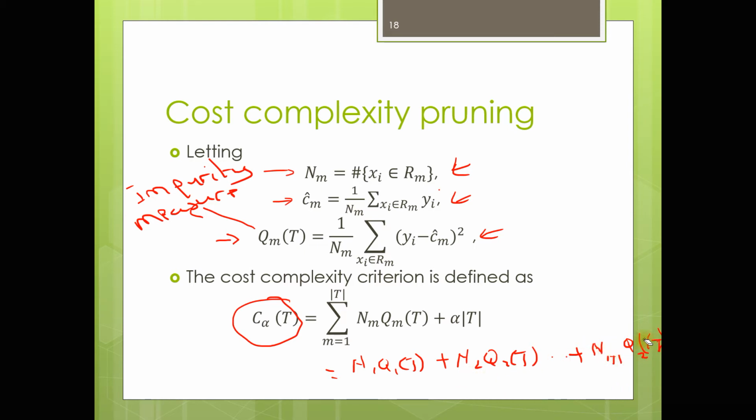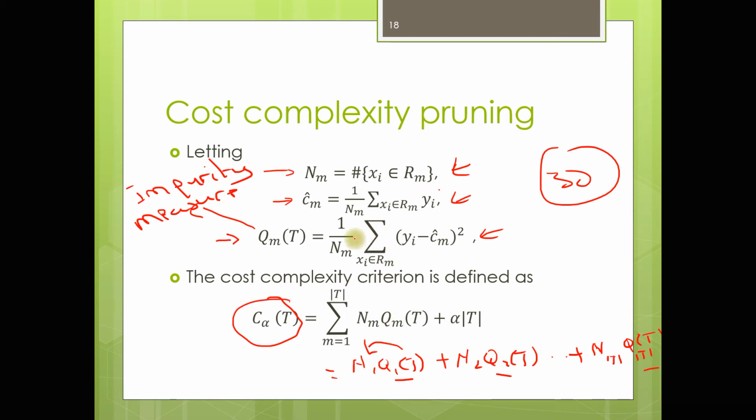If modulus T represents the total number of nodes for a particular tree, let's suppose you have 30, then you would have to add all 30 sums of squared errors, of course multiplied by the number of observations.